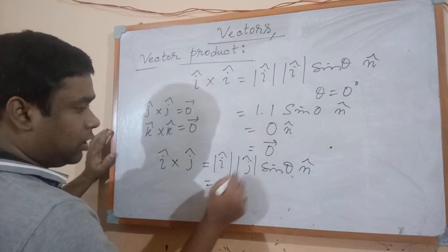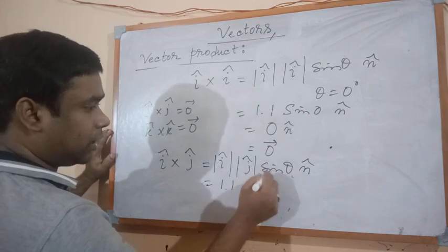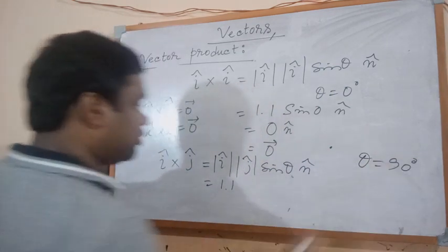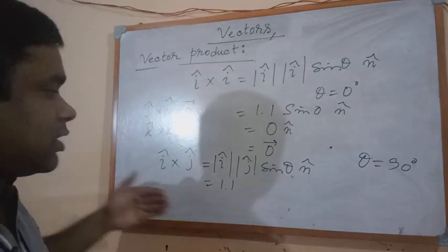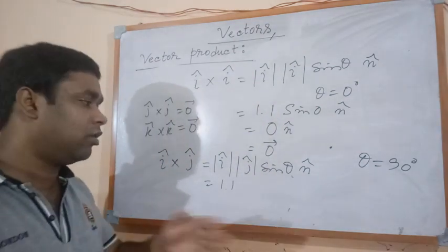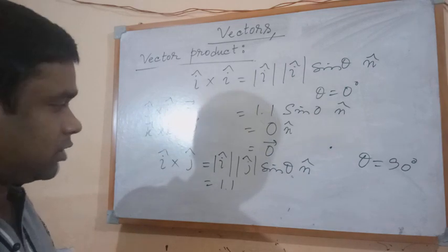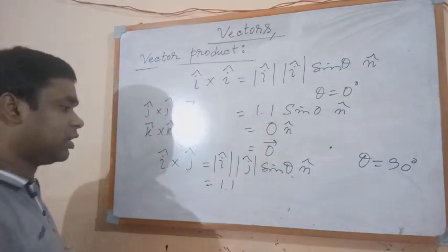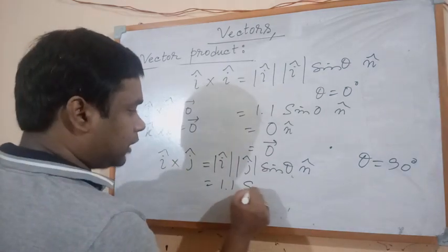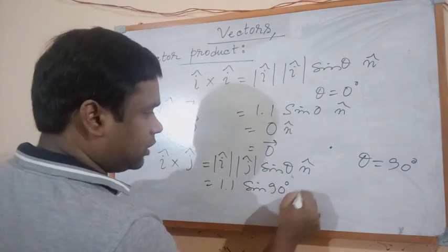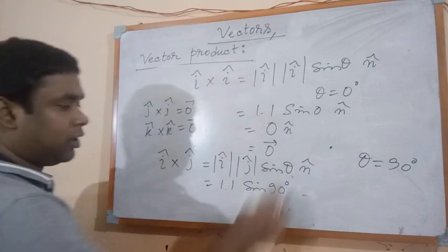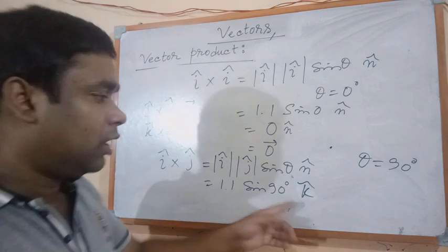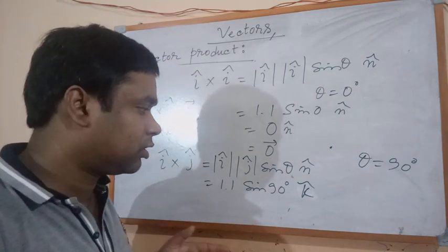Mod of I cap is 1, mod of j cap is 1, and theta is the angle between them, that is 90 degrees, because I cap is the unit vector along the x axis and j cap is the unit vector along the y axis. Since the angle between the x and y axis is 90 degrees, the angle between I cap and j cap is also 90 degrees. So we write sine 90, and n cap is taken as k cap, because k cap is the unit vector along the direction of the z axis.